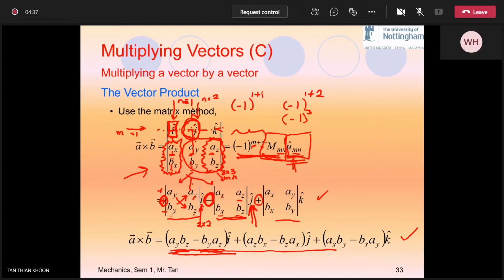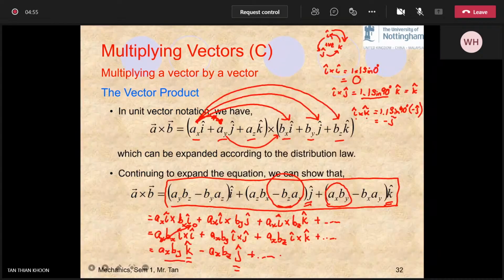So I hope you are already able to get this slowly. And today we are also going to look at another way to obtain this A cross B.